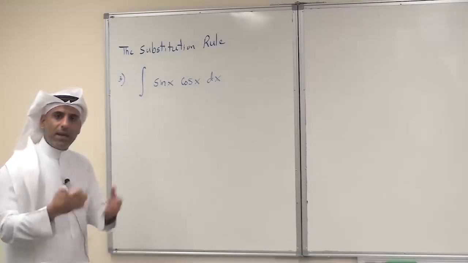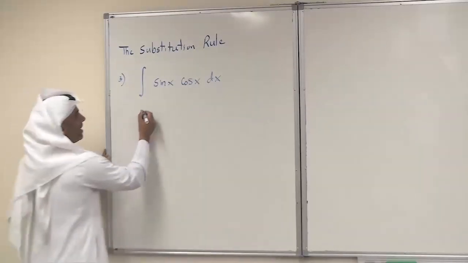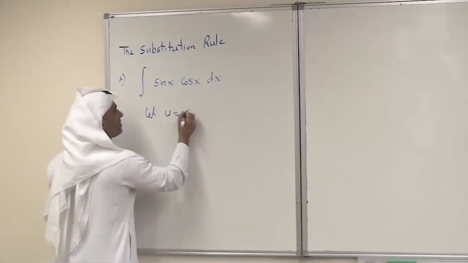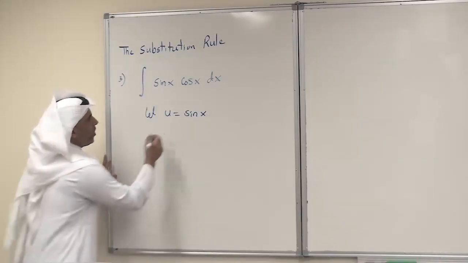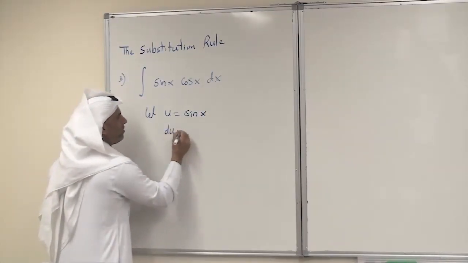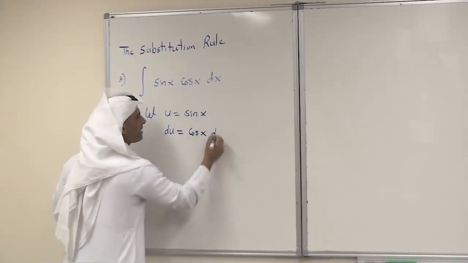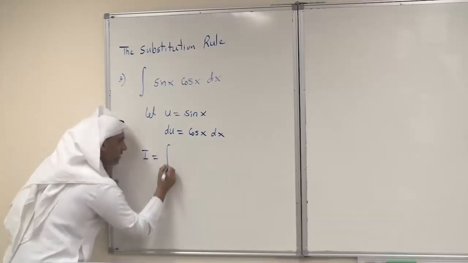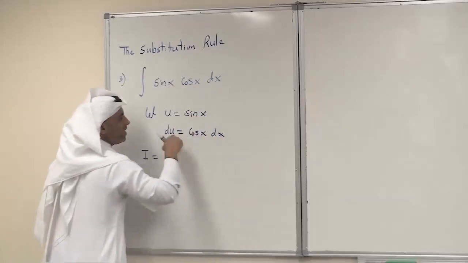Let us see what will happen if we choose different choices for u of x. If we let u equal sine of x, what will be du? du will be equal to the derivative of sine, that is cosine of x dx. Going back to the integral, this is the new form: I have cosine x dx, this is du.